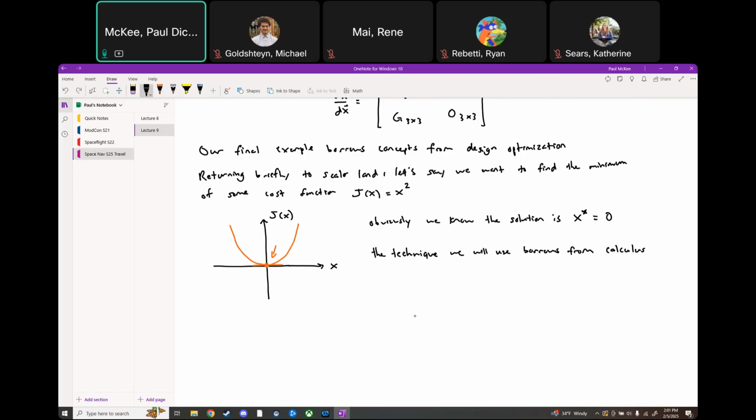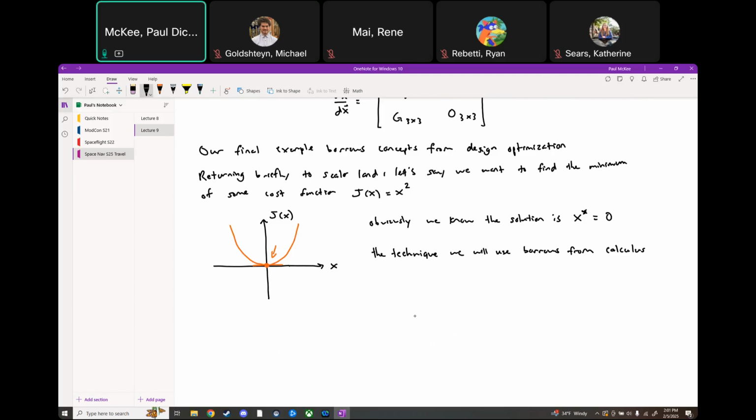Let's say that the cost function does this, and then maybe it bottoms out here, and then it does some other wiggly stuff up there, right? We know that this point right here, where the derivative equals 0, is the bottom of the valley. And so even if your cost function is really ugly looking, the basic premise, set the derivative equal to 0, is still going to work for you.